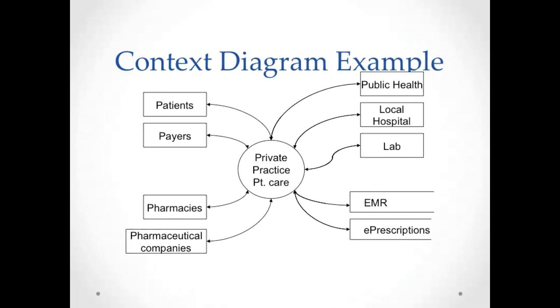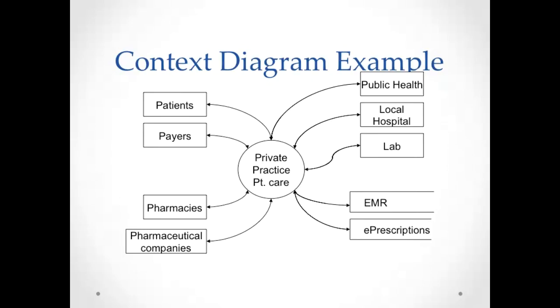So if our process in the middle is running a private practice in patient care and managing the data for that private practice, we're going to have patients from which we receive data and to which we give data. We're going to have payers from which we receive data, claims, acceptance, or denials, and to which we give data, our claim forms.